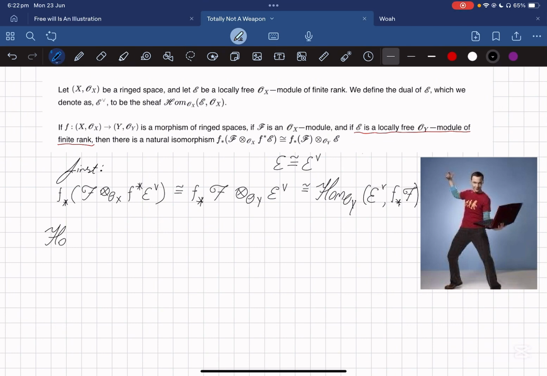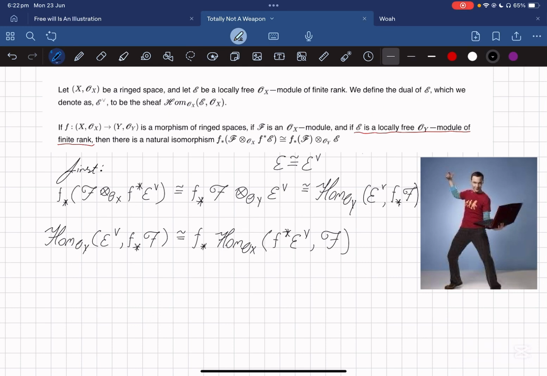Say I write my sheaf Hom over Y, here's my dual, then that must mean its adjunction is the push forward over X and the pullback of E and F is left preserved.